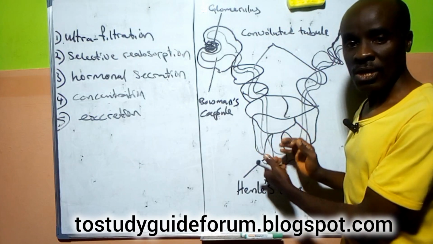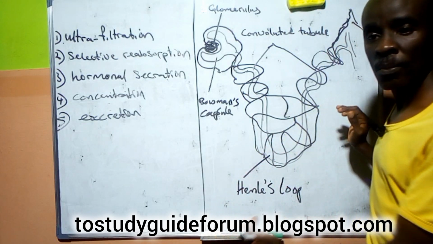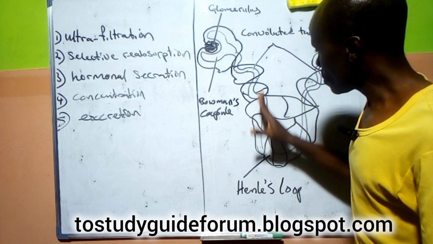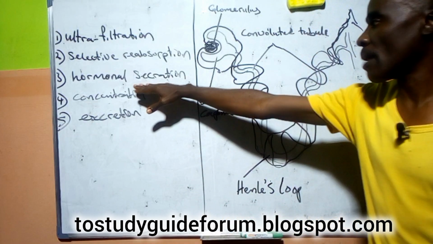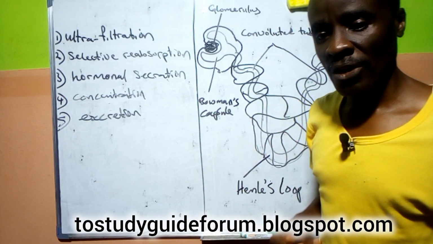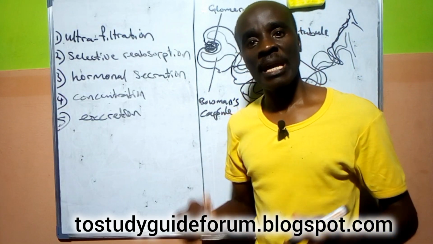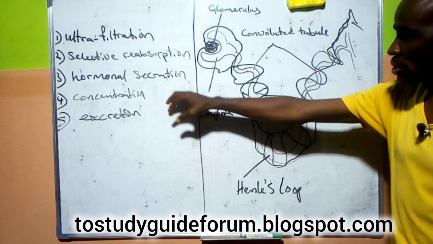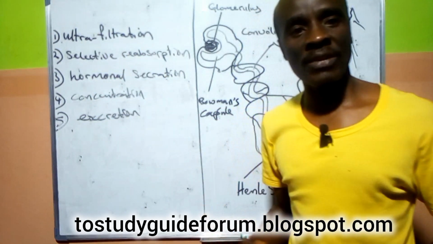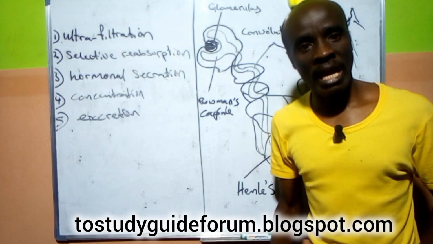Under here, you see the reabsorption of salts and ions, and then down to this place we talk about hormonal secretion. This hormone, antidiuretic hormone, also helps in concentration, helping to make the urine concentrated, and also helps in the active process of reabsorbing some of these ions.